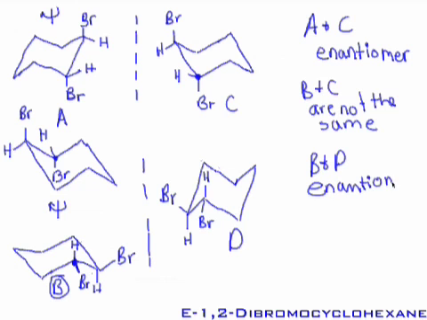Now, when you're given structures like this, you have to be able to determine: are they conformers, are they isomers, are they enantiomers, what is the relationship? So A and C are enantiomers, and B and D are enantiomers.